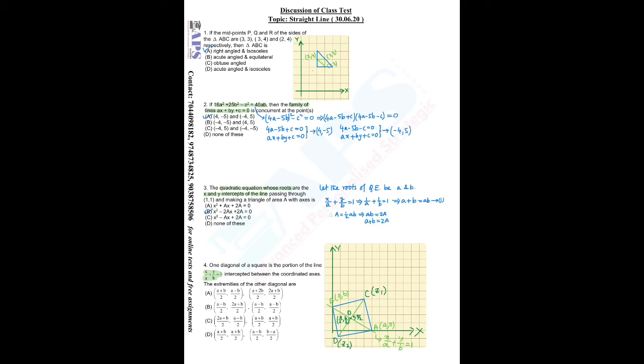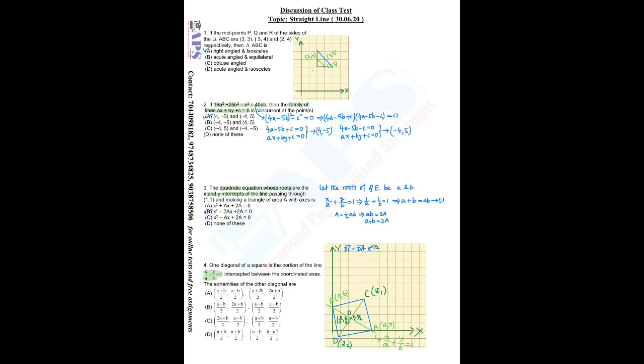We can write that the DC vector, not CD, equal to the DA vector into e to the power i pi by 2. e to the power i pi by 2 is i.